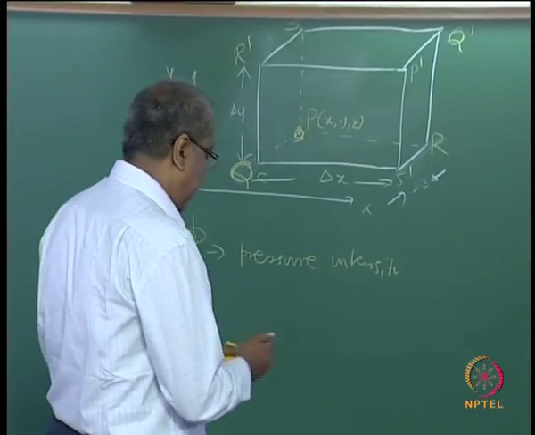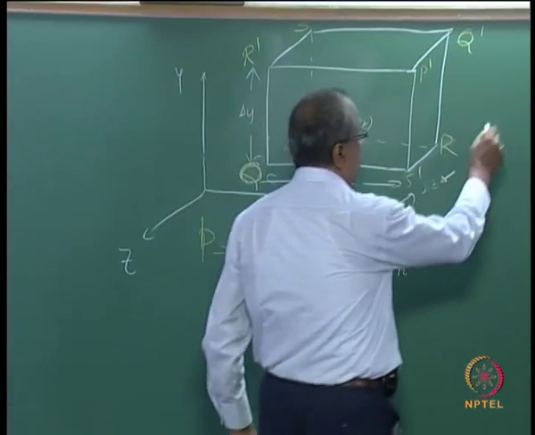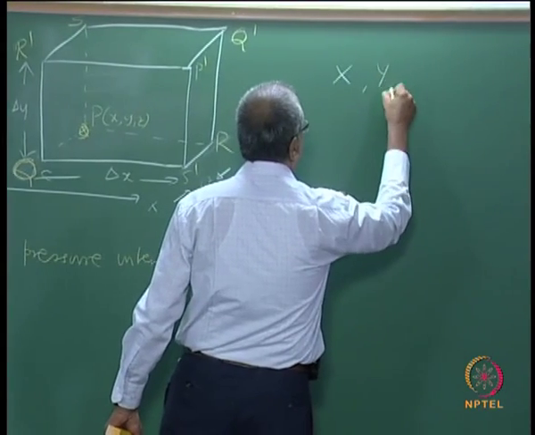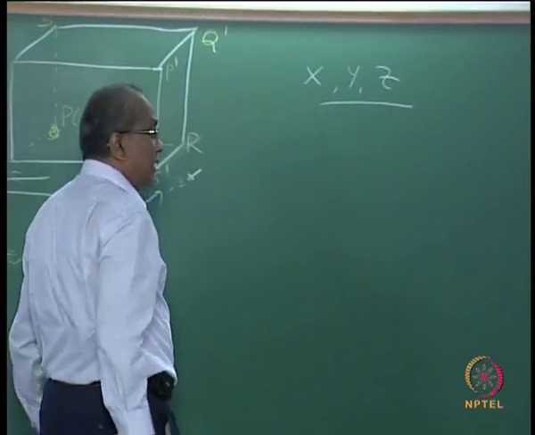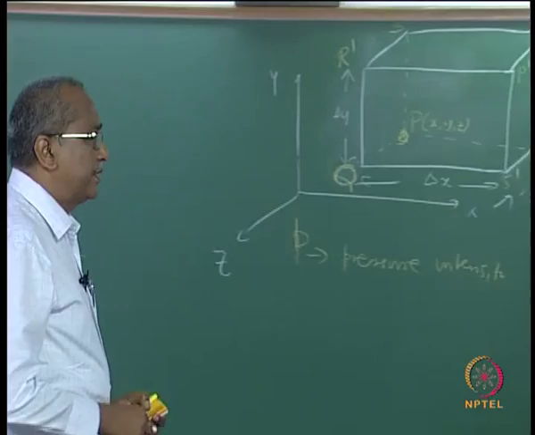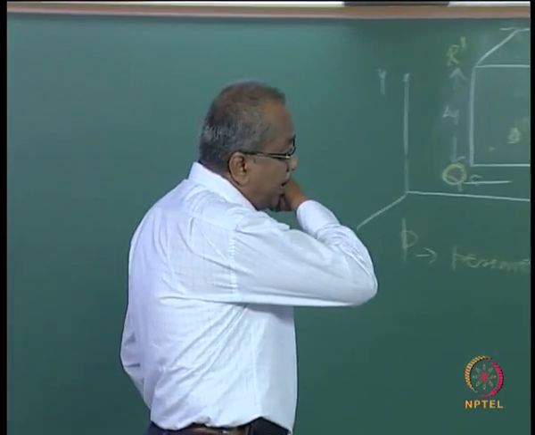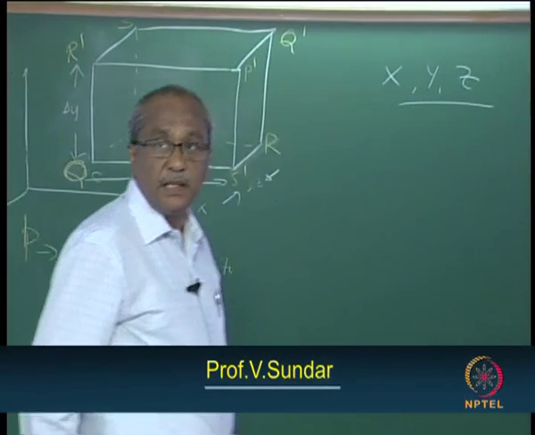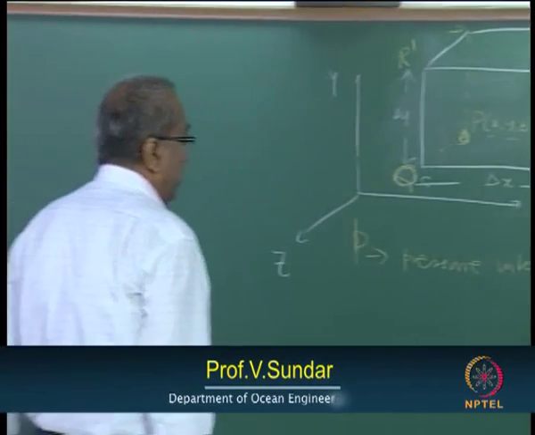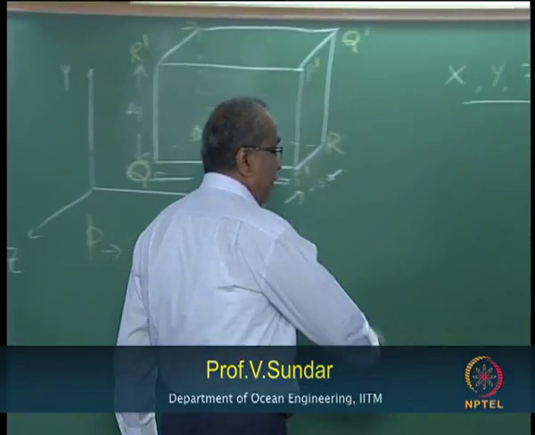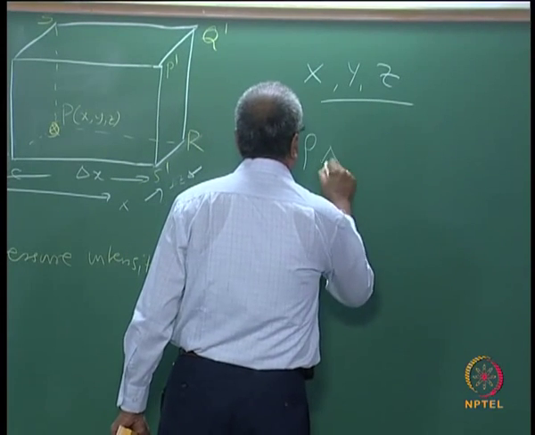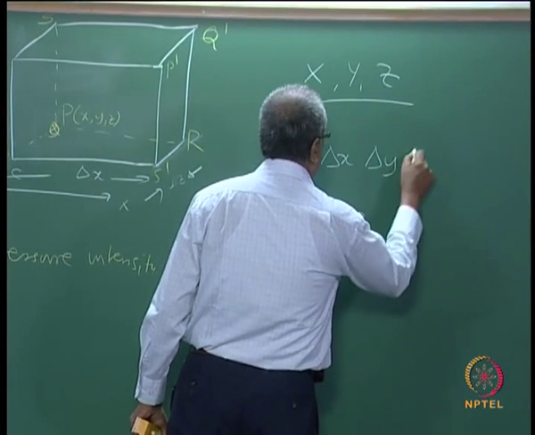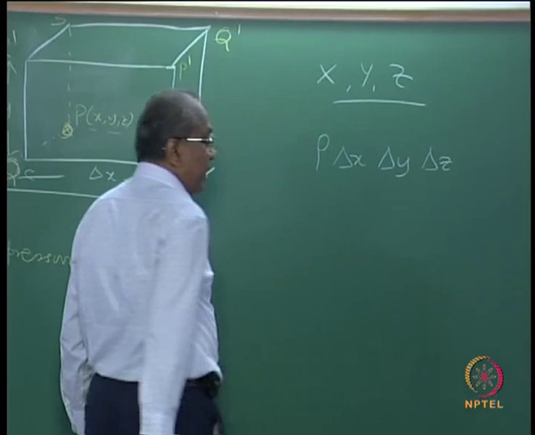So we define X, Y, Z as the body force components in the x, y, z directions, and let this be the components of the body force per unit mass. Now the mass of the fluid in the fluid medium would be volume into the mass density.